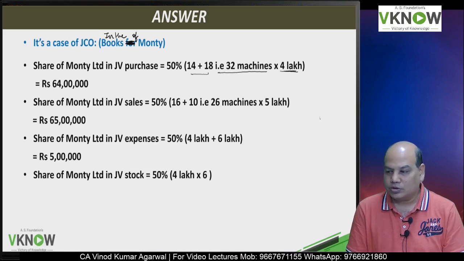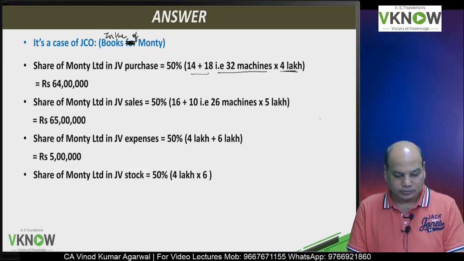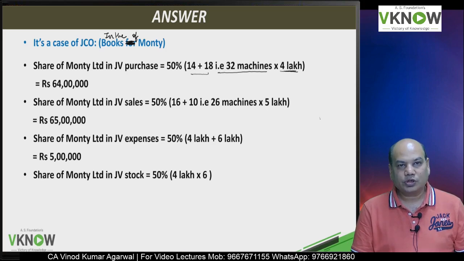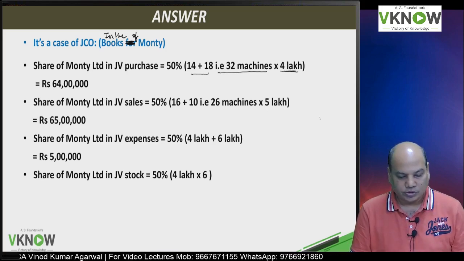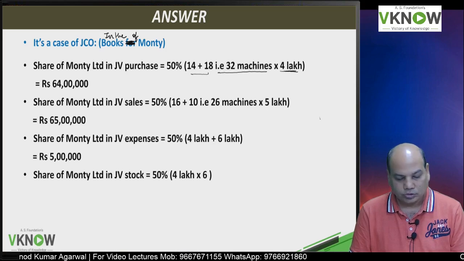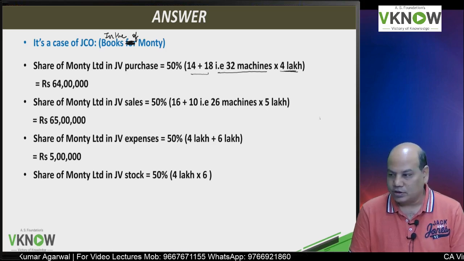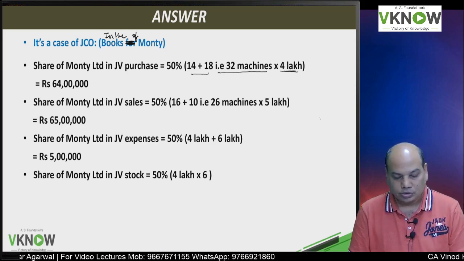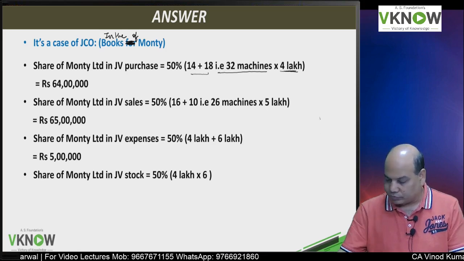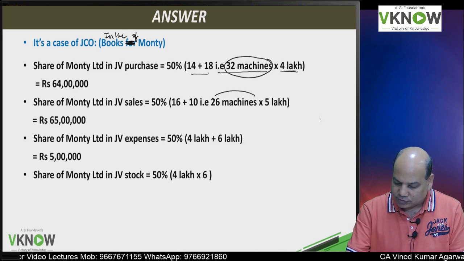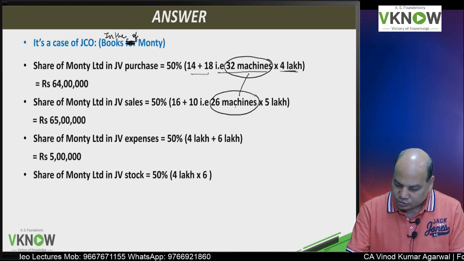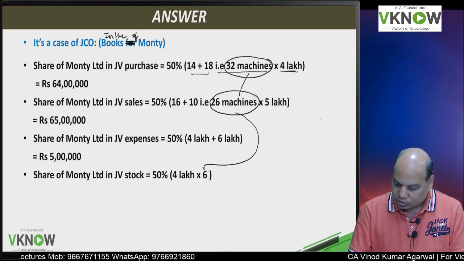And one more, share of Monty Limited in joint venture stock. Here you can see 32 machines were purchased, 26 machines were sold.